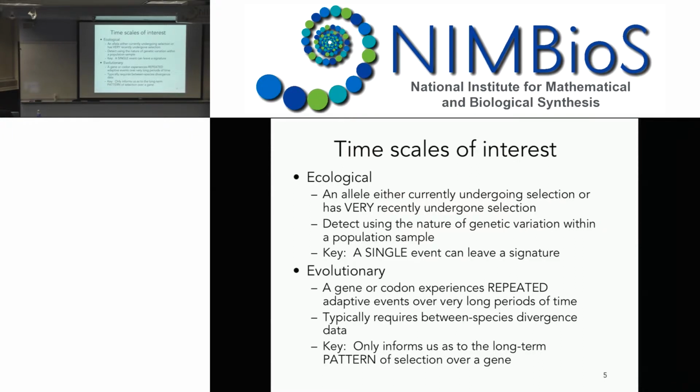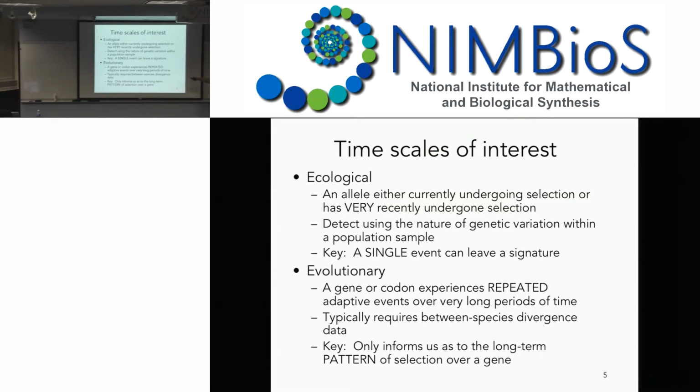The key feature about these ecological events is that a single event can leave a signature. So for example, Biston betularia, its melanic form, if you look around that as it's sweeping through the population, there'll be a signal around that gene of interest. On the evolutionary time scale, a gene or a codon experiences repeated adaptation events, either within a phylogeny or over a long period of time.